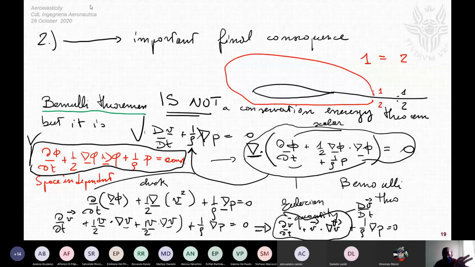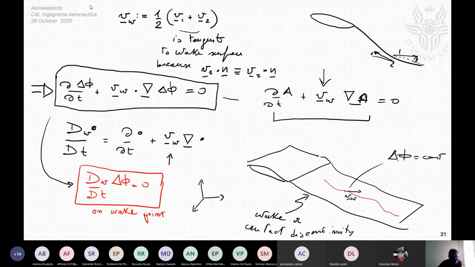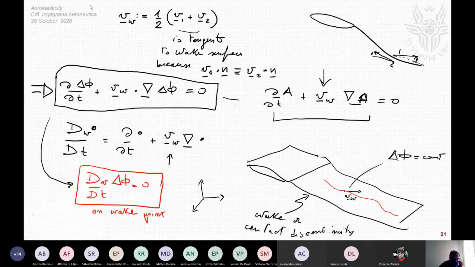And this is the second issue related to the momentum, and the first issue, again, is this here. Do not forget this, as a consequence of mass conservation: delta Vn equal to 0. And delta Vn equal to 0 means, as a second condition, delta of the gradient of phi, which is the velocity, dot n, the velocity projection on the normal of the wake.